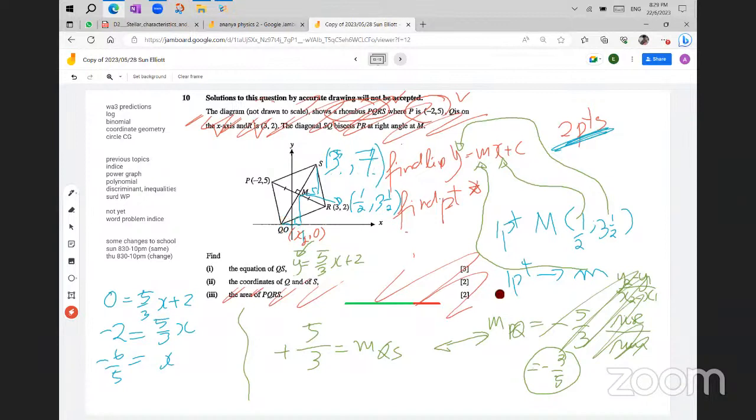What is that? 17 over 10. So this distance is 17 over 10, which is 1.7. So I believe this distance is also 17 over 10. So I believe S should be half plus 17 over 10. A very ugly number, but I believe that should be the answer.